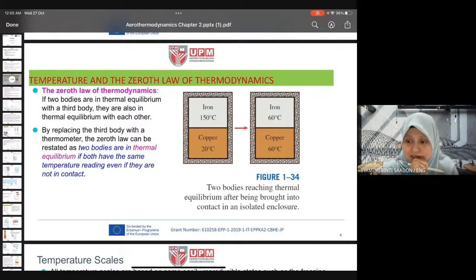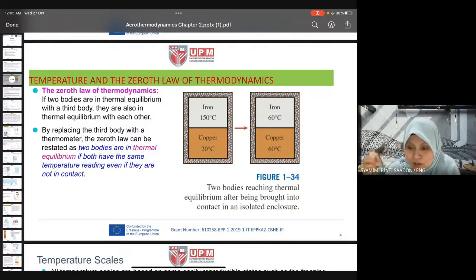What does this law say? If two bodies are in thermal equilibrium with a third body, they are also in thermal equilibrium with each other. What does it mean? It means that two bodies, for example here, iron and copper, are in thermal equilibrium.